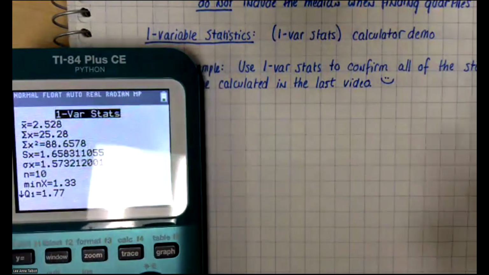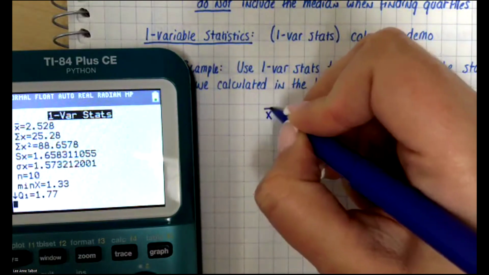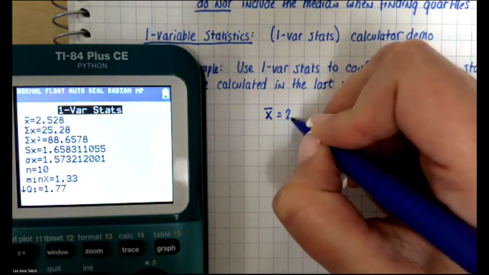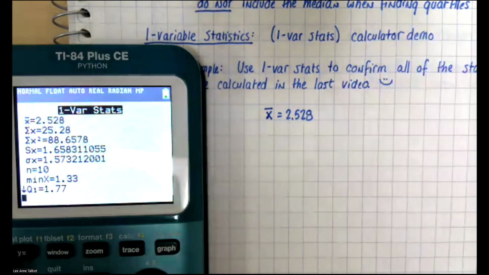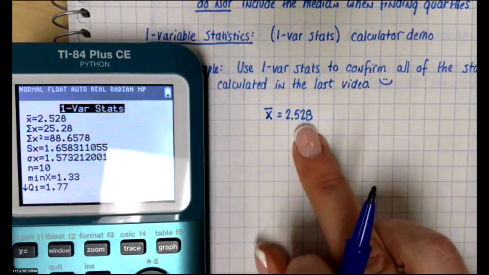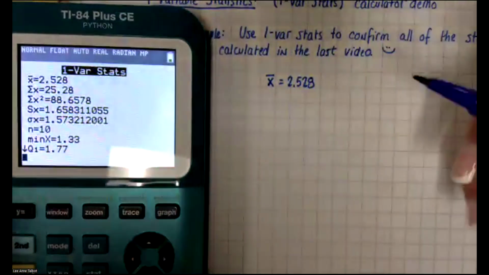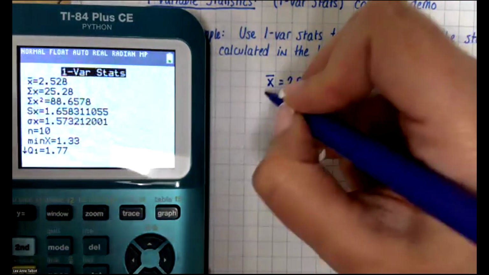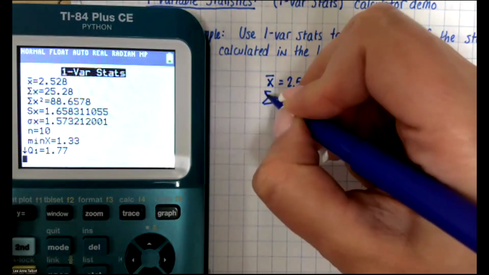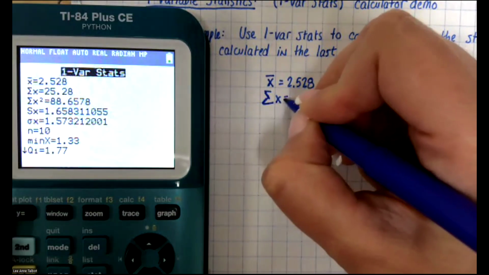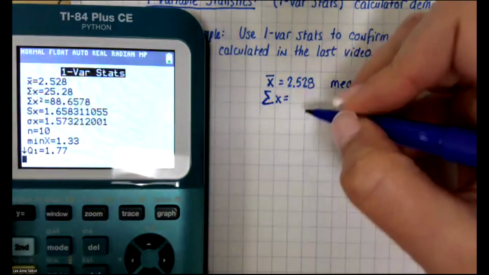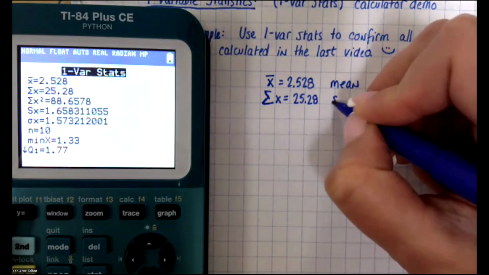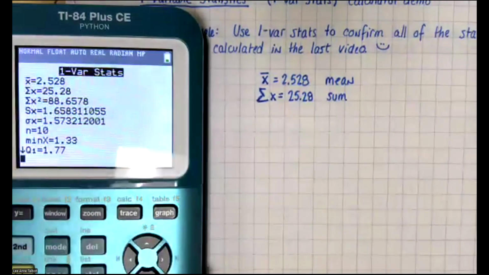So this first one is the mean. I explained about the symbol for x bar. And I believe that I rounded that to 2.53 in the last video, and we were using that. So that's the mean. This is capital sigma of x, and that's the sum of all of the numbers added together.